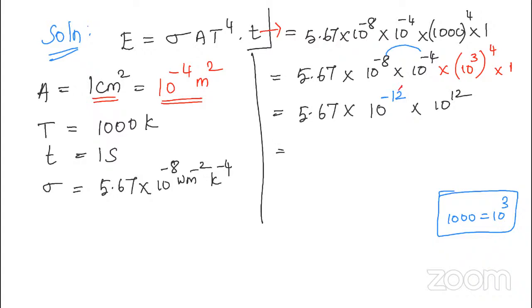For the next step, you cancel plus 12 and minus 12. Then the remaining value is 5.67. In this problem we are taking the energy value, so energy is always given in joules. So option A is the right one.